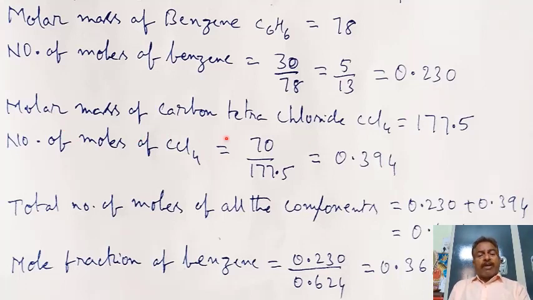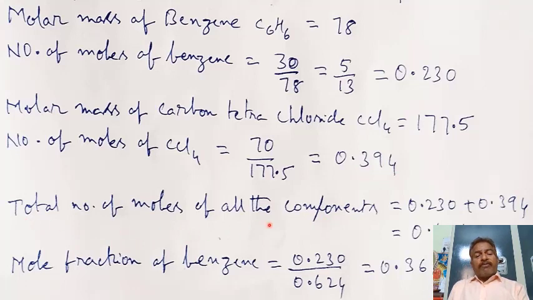Similarly, molar mass of carbon tetrachloride, CCl4, is 177.5. Number of moles equals given mass by molar mass. In 30% benzene, 30 grams is benzene and the remaining 70 grams is CCl4. So given mass by molar mass, 70 by 177.5, equals 0.395 mole.